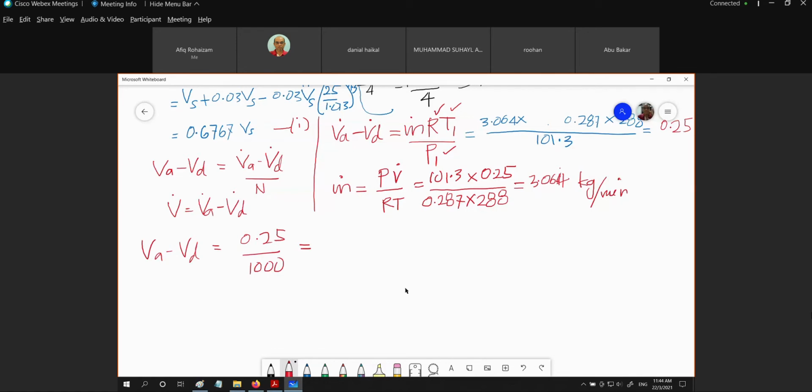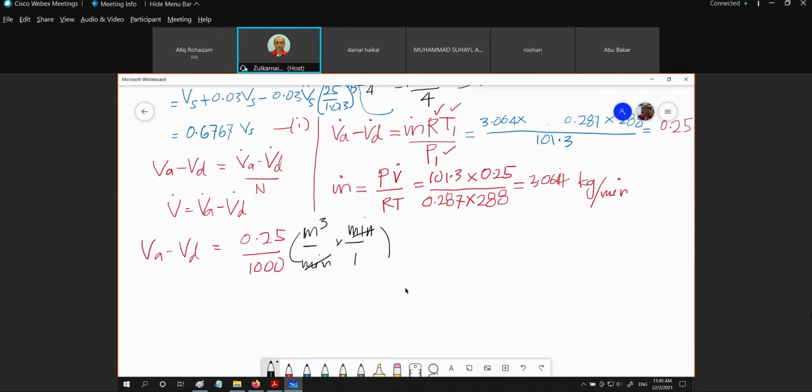Remember, this is in kilogram. This is in meter cube over minute, multiplied by 1 over minute for the RPM.